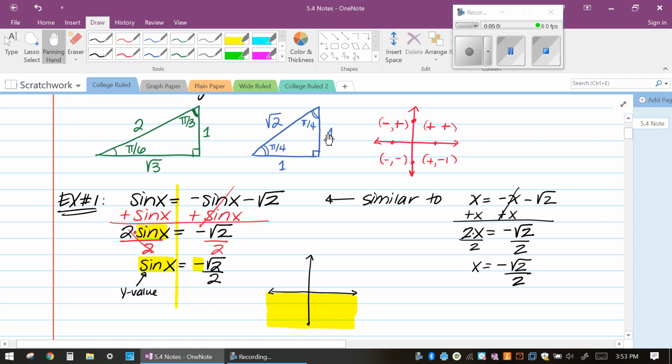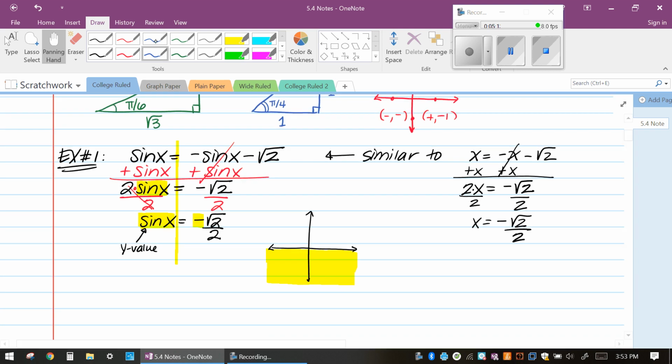Then I look over here. Opposite over hypotenuse would be 1 over root 2. So sine of pi over 2 would be 1 over root 2. And if I rationalize it, that gives me what I want. But remember, that just tells you what the reference angle is.